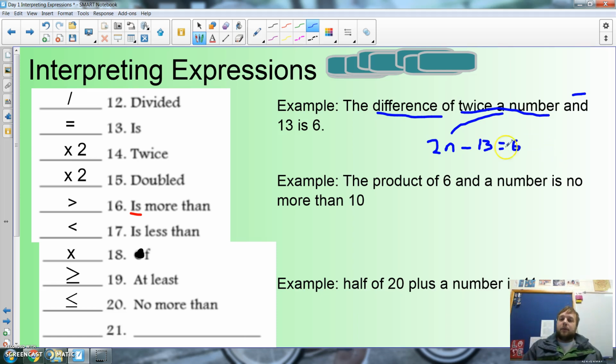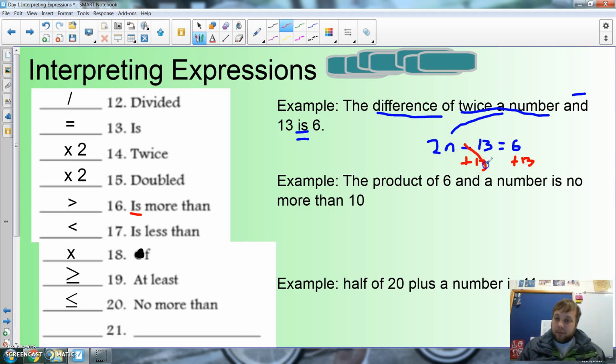All right. See, remember, is equals equals. Now, I should be able to solve algebraically on this if I want to. I can solve n, couldn't I? If I added 13 to both sides. Added 13.